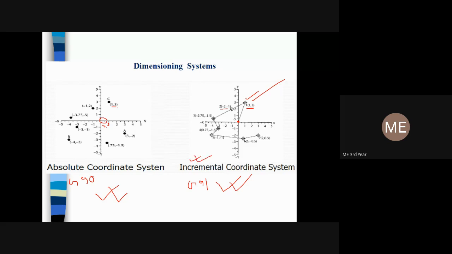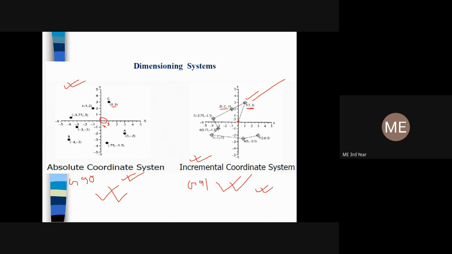Sometimes the absolute coordinate system is essential, and sometimes the incremental coordinate system is essential, when we program such a simple type of shape. In our syllabus we only have simple kinds of operations, so we will always consider G90, because for simple operations it is better to calculate every point from the 0 0 point.